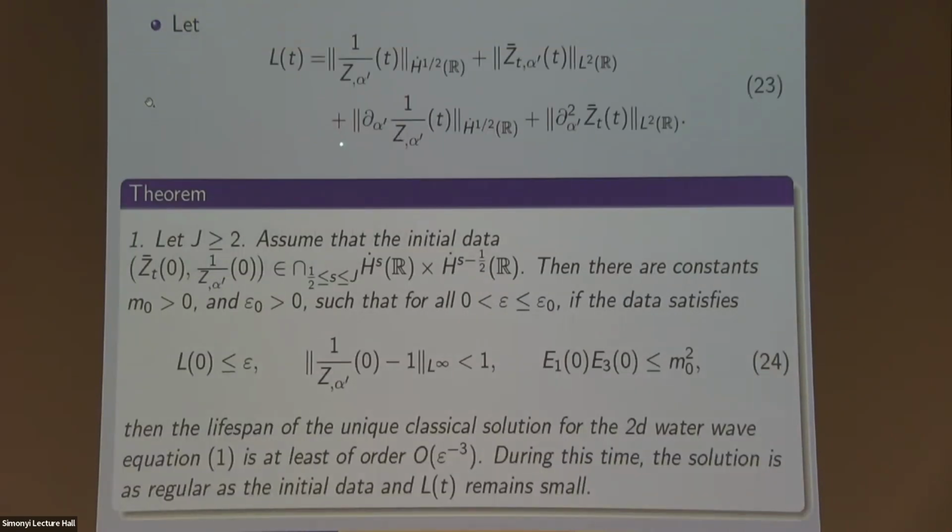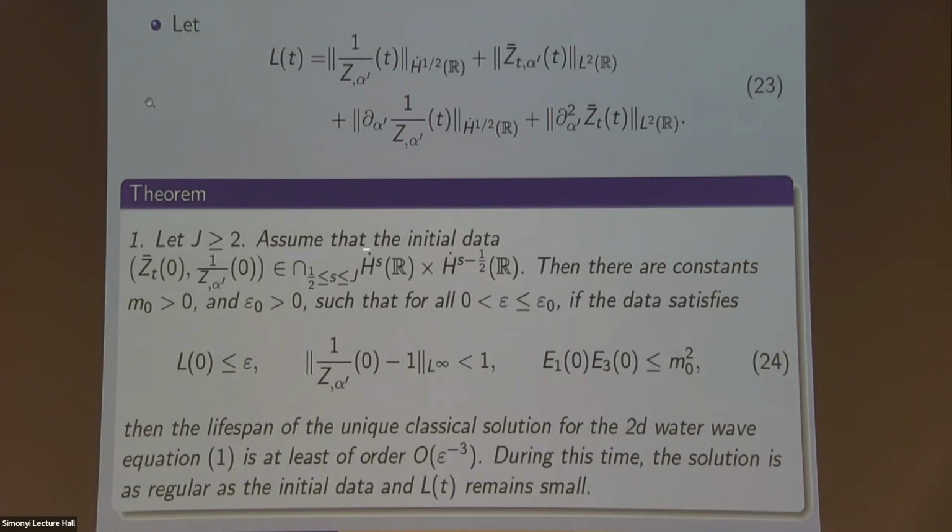Now if I let LT equal to this, the first line will be scaling invariant, and the second line is one more derivative above the scaling invariant quantity. So we cannot do purely scaling invariant. We also need to assume that one derivative above scaling to be small.